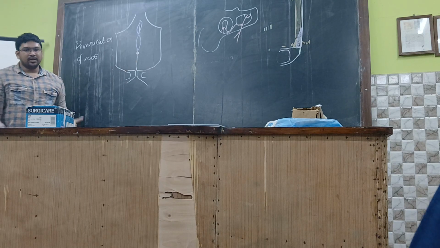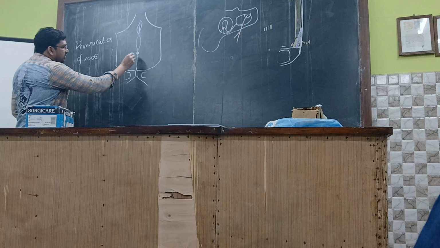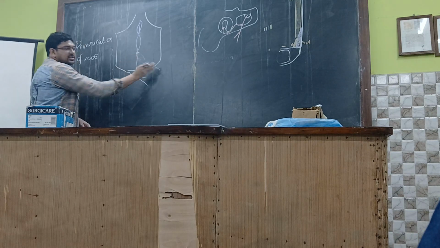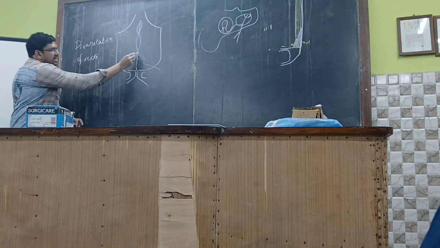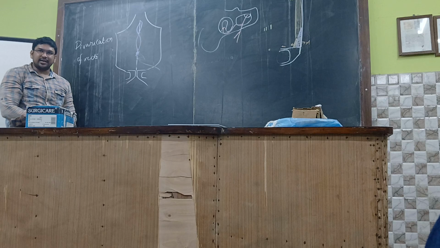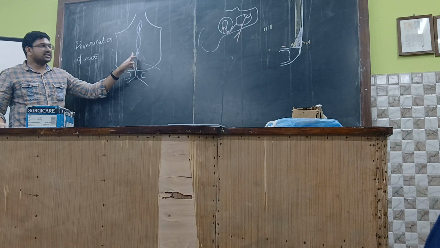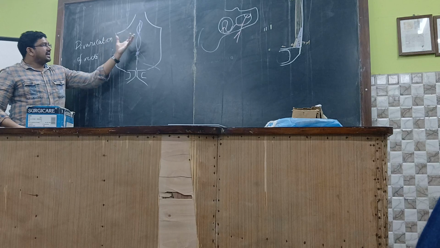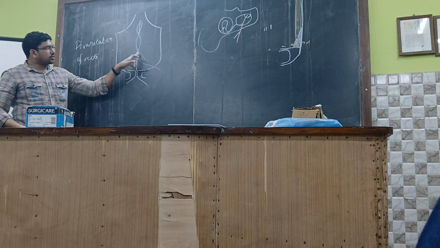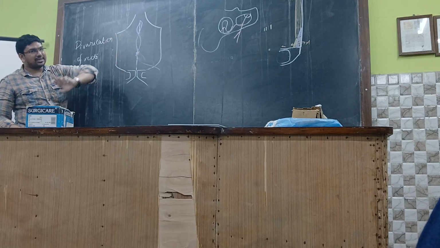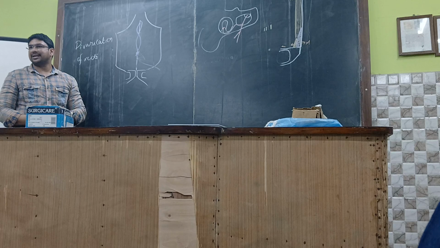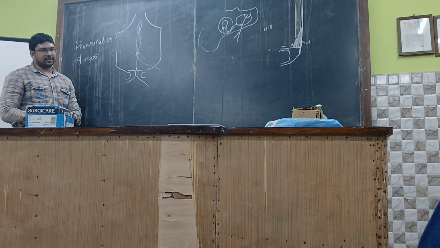The umbilical cord that was attached here is lost, leaving a scar over the umbilicus. If the scar persists because of infection or any other reason, the intestines will protrude out through this umbilicus, leading to the umbilical hernia, which is called the acquired umbilical hernia. Understood or not?